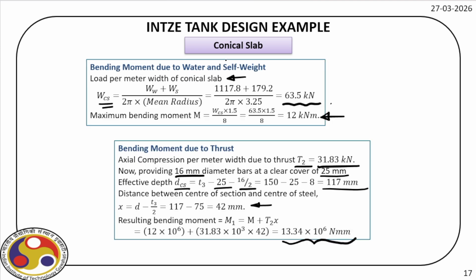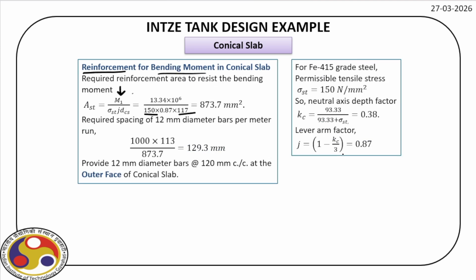DCS we have evaluated, which is 117 millimeter. And J for this material combination is 0.87. So we have AST as 873.7 millimeter square. Now if we provide 12 phi bars, the spacing is 129.3 millimeters. So we can provide 12 phi diameter bars at 120 center to center in the outer face of the conical slab.